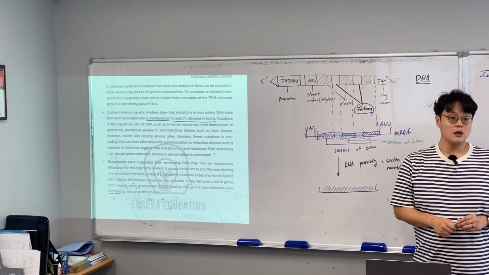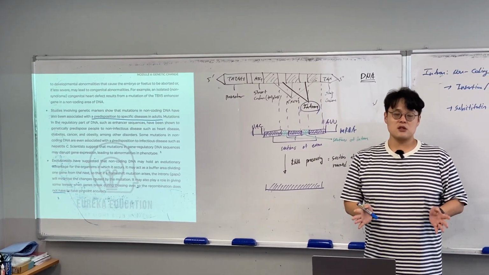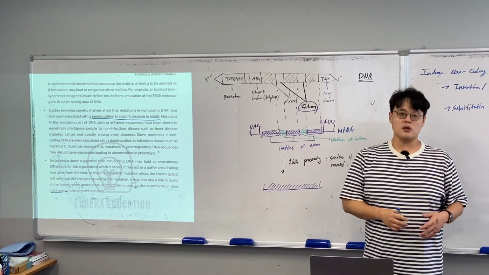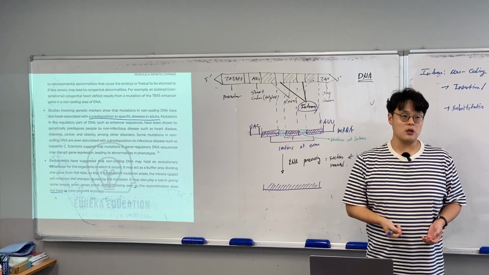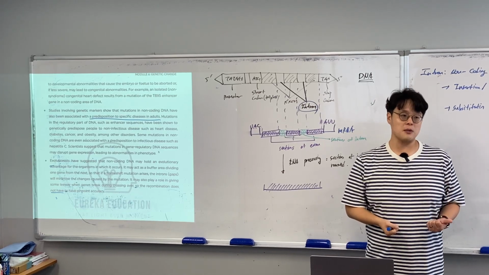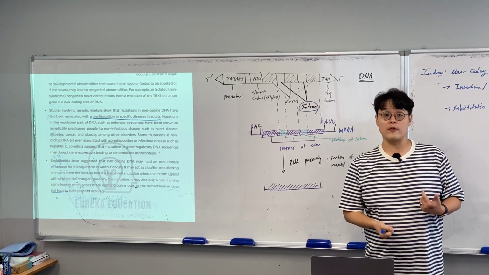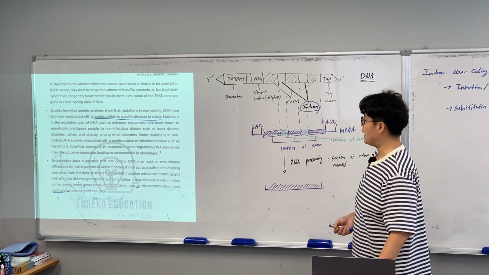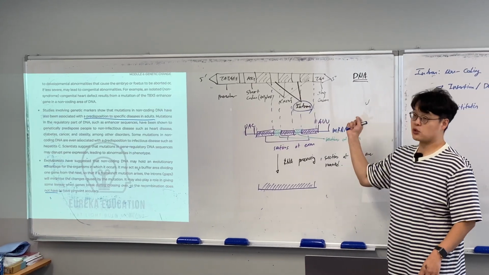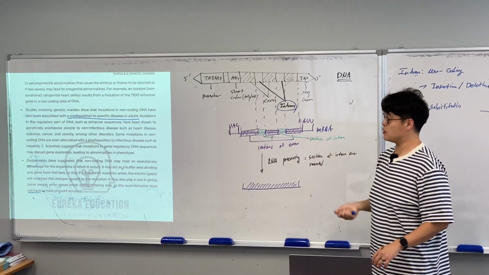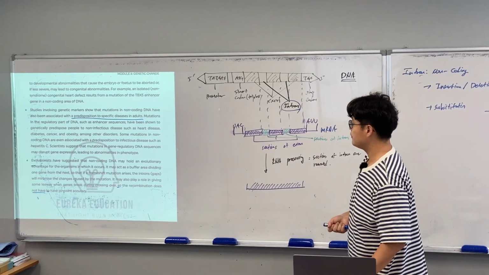So we can't really say we don't need introns. Introns actually help your metabolism as well as some development. So we need them, and this is what happens when we get a mutation in the intron section, not only the exon sections.